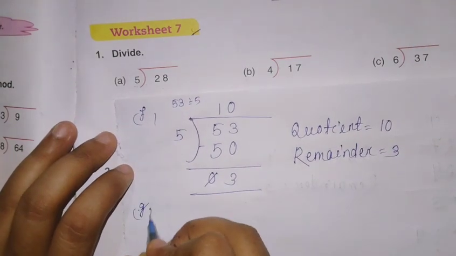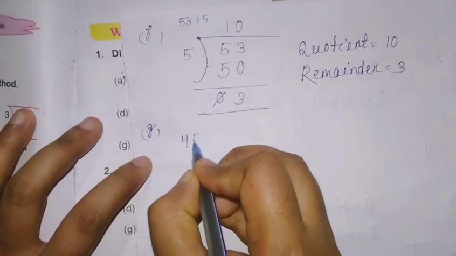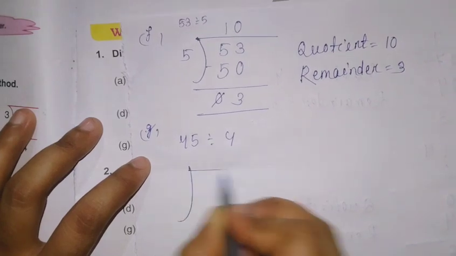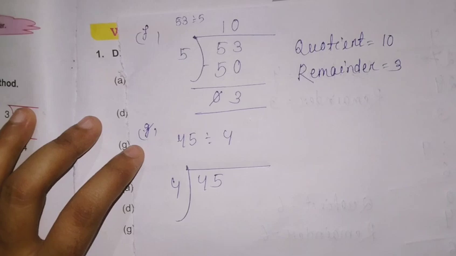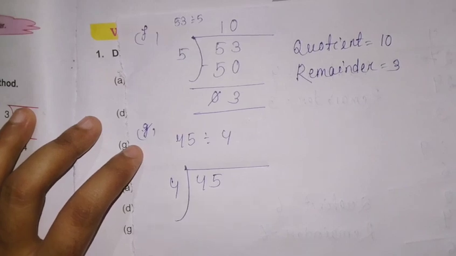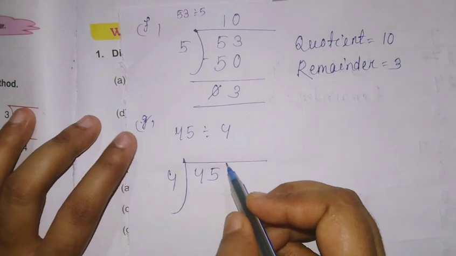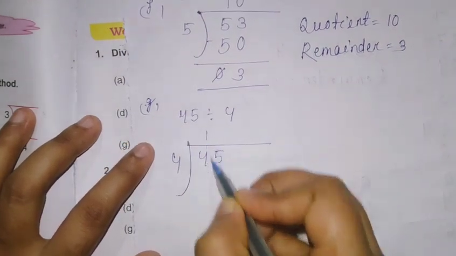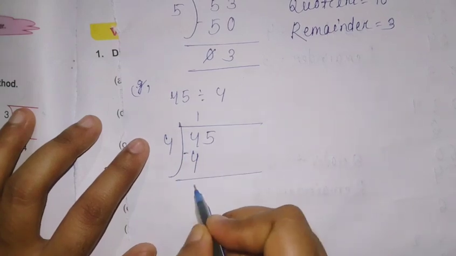Now we solve another point G. 45 divided by 4. First, we recite the multiplication table of 4 till we get 45. We will not get 45 in the table of 4. Then recite till we get the number which is just less than 45. Then 44, 4 ones are 4. 4 minus 4 equals 0.